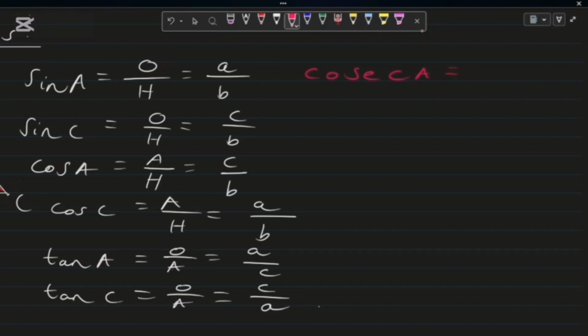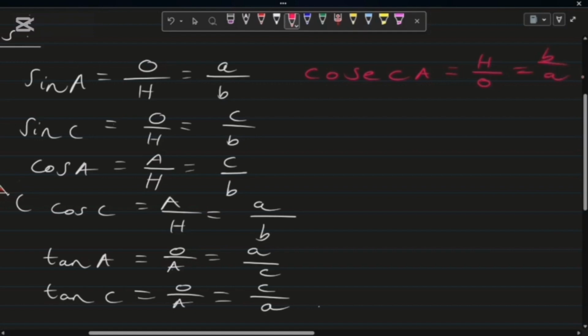And from our diagram and our orientation, this will give us B over A.